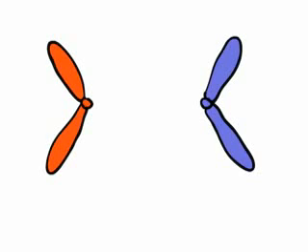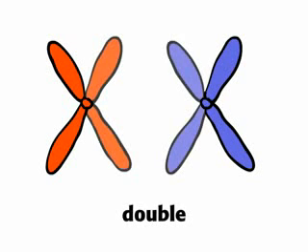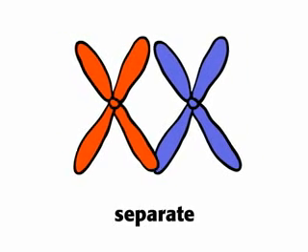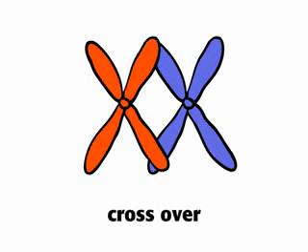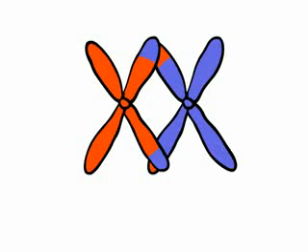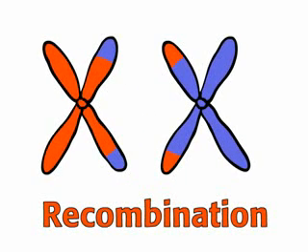To form sperm or egg cells, your chromosomes double, like so. When the homologous pairs separate, sometimes they cross over, and at seemingly random points, exchange DNA. This is called genetic recombination.